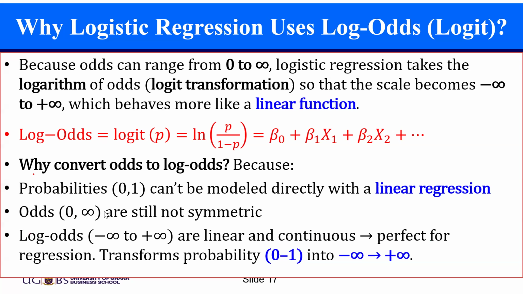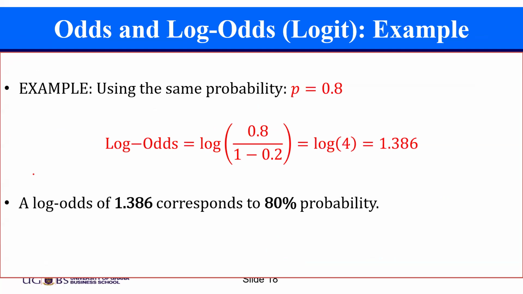Now, if the probability is 0.8 and we have to calculate the log of the odds, you're going to get this value. Oh, I made a mistake. This is supposed to be 0.8 over 1 minus 0.8, which is actually 0.2.